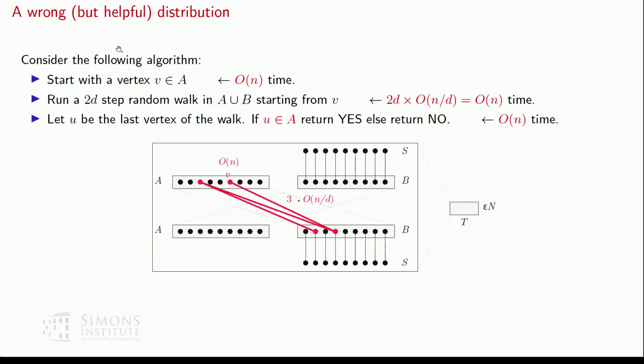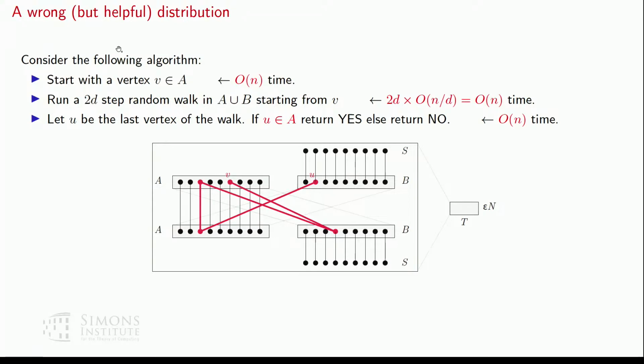Okay. So if I repeat this for d steps, overall the running time is order n. Every step takes n over d. If I do this for an even number of steps, say 2d, in the no case, I start from A. Every 2 steps, I go back to A. So I'm definitely going to be in A after these 2d steps. But in the yes case, every step that you're in A, there's a probability 1 over d that you actually go through the AA edge.